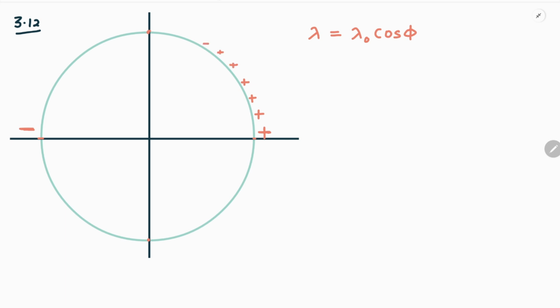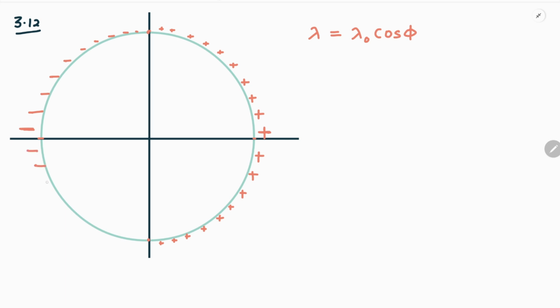So the value of charge will go on diminishing till it reaches the point and becomes 0. Similarly, the value on this side also will be diminishing till it diminishes to 0 here. As far as the negative charge is concerned, the negative charge value will also decrease in magnitude and gradually become 0.